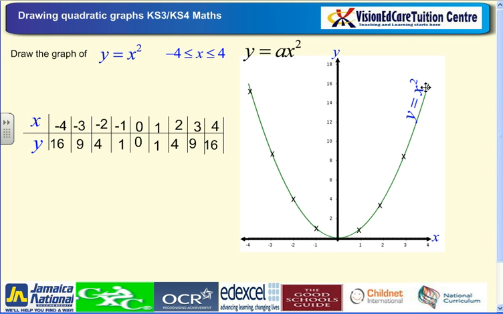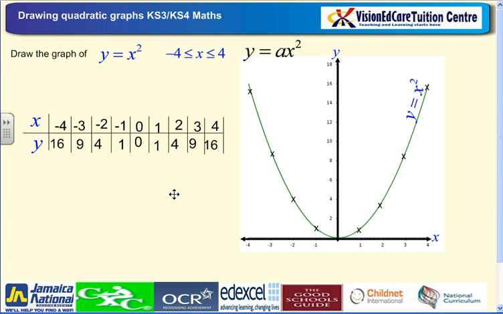Now that we have plotted all the points for our curve, what we do now is to draw a smooth curve. So we draw our curve. After you draw your curve, you label your curve, which is y is equal to x squared.